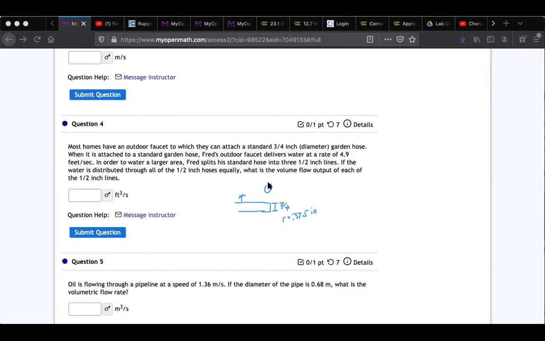It's giving us water at a flow rate of 4.9 feet per second. That should be cubic feet per second, I think.